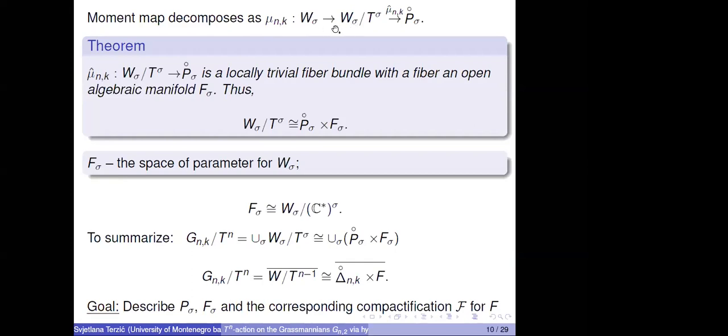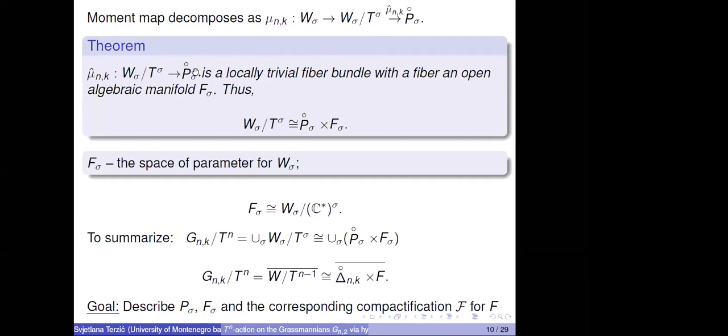This moment map decomposes in the following way, since it is invariant. And what we proved in one of our earlier papers is that this mu-hat, which maps this orbit space of the strata to the interior of P_sigma, is a locally trivial fiber bundle whose fiber is an open algebraic manifold.